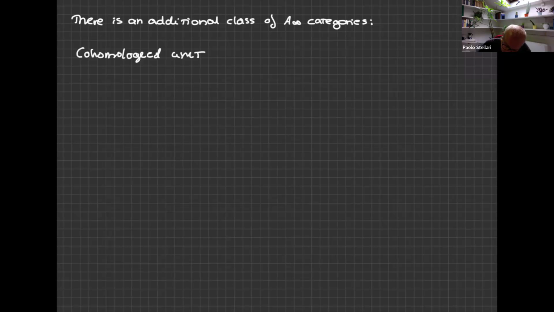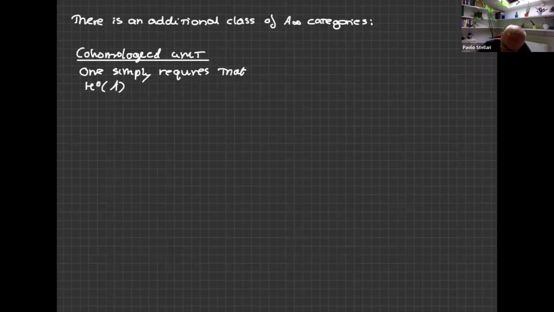In this case, we simply require that H0 of the infinity category is a category, so it has a unit for all elements. Okay, and in this case, the category which we will form is indeed this one.